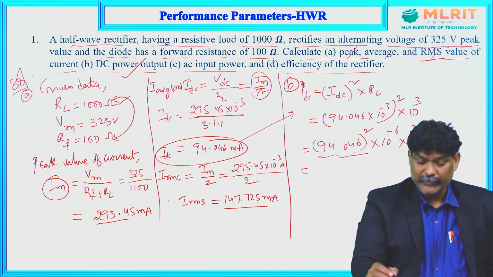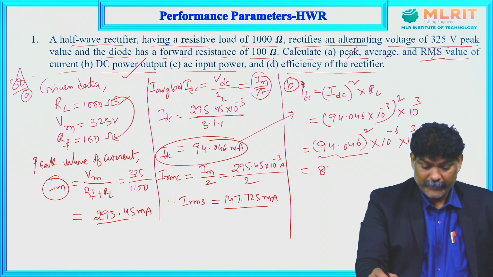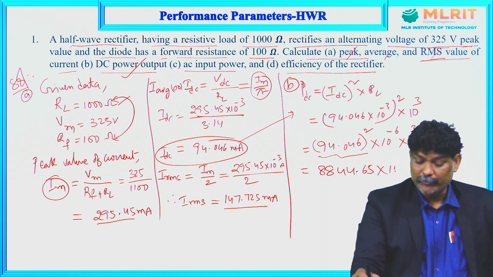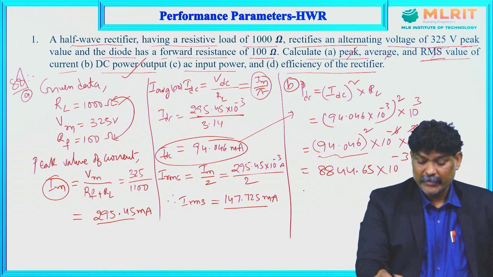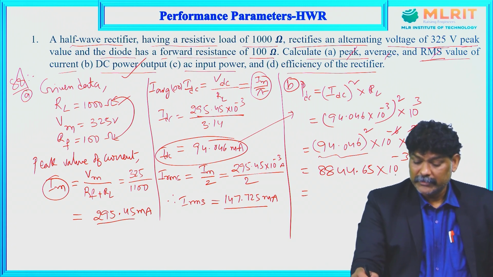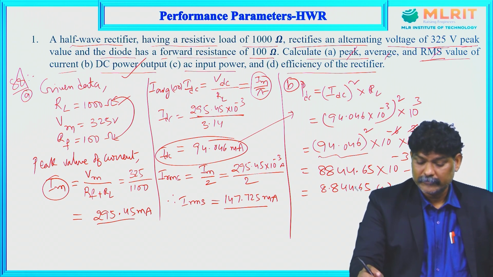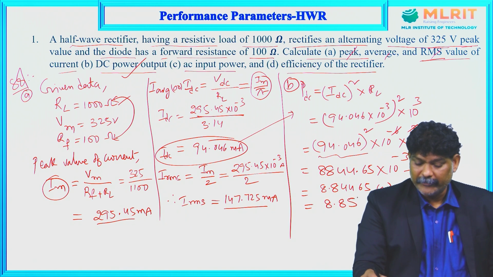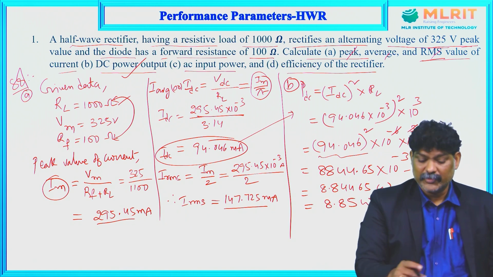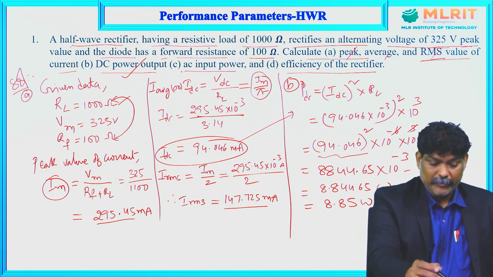So this value becomes approximately 8.8465 watts, otherwise approximately 8.85 watts. So this is B bit. What about C bit?